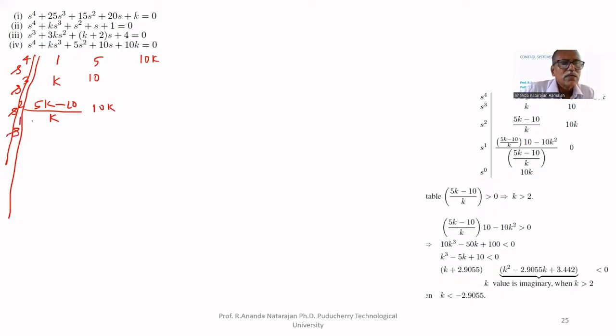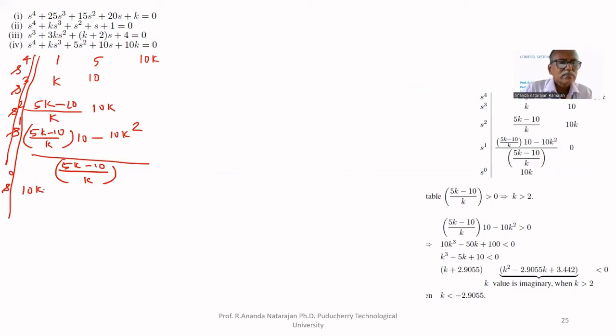S^1: (5K minus 10) upon K multiplied by 10 minus 10K^2 upon (5K minus 10) upon K. S^0 is 10K.